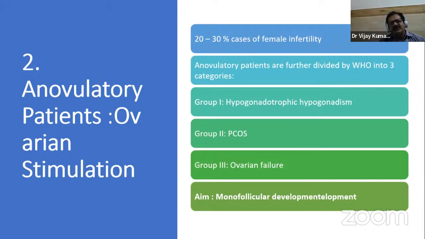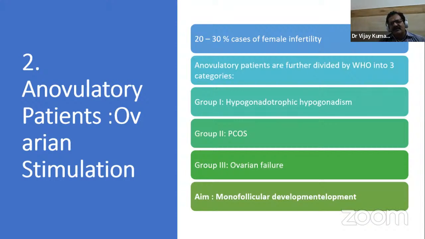So at least one follicular development will be of great help, and thereby it prevents one of the most common complications we see in ovulation induction, especially in cases of PCOS, that is OHSS, ovarian hyperstimulation syndrome.